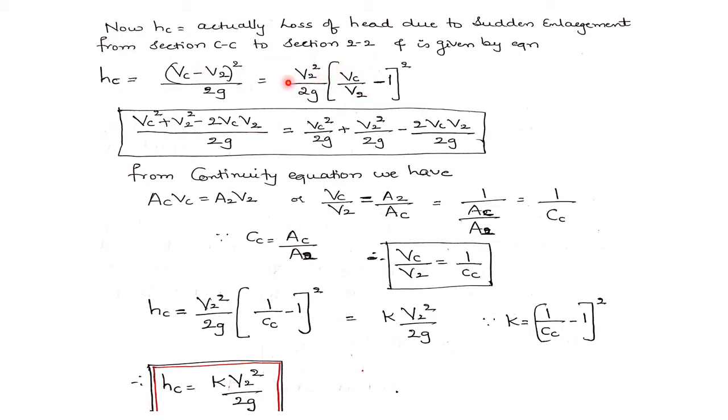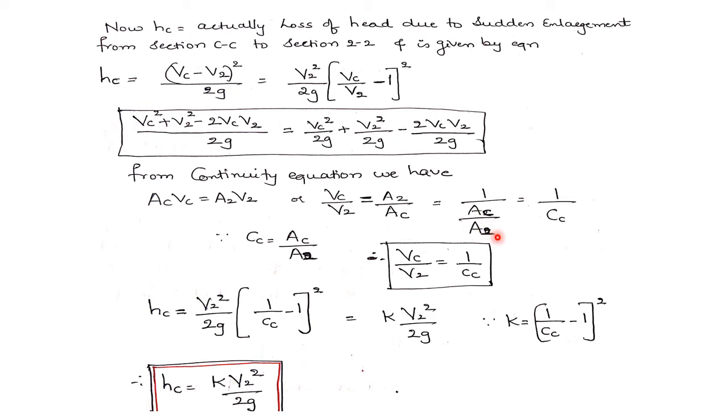So how have I written this equation? I have written the steps here. Again, from the continuity equation we have AC VC is equal to A2 V2. We are considering only the vena contracta and section 2 of the pipe, that is the smaller diameter pipe. So VC divided by V2 is equal to A2 divided by AC. The same equation I will write in this form: 1 divided by (AC divided by A2).